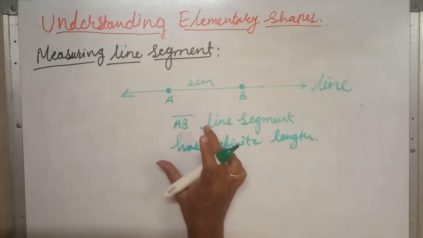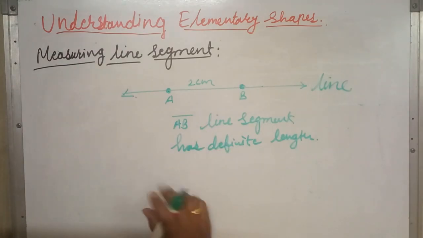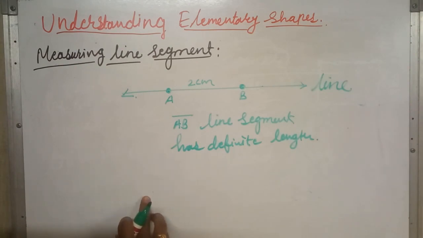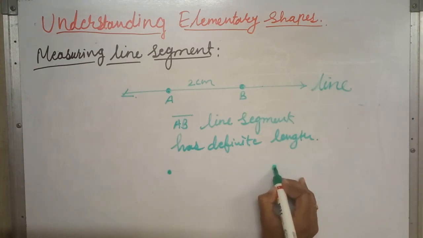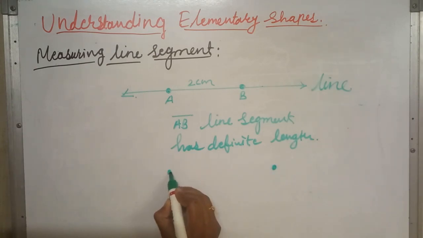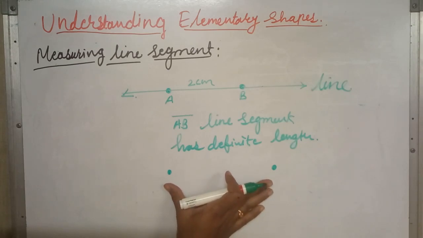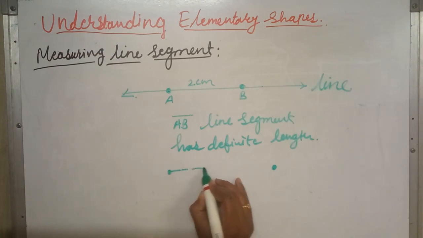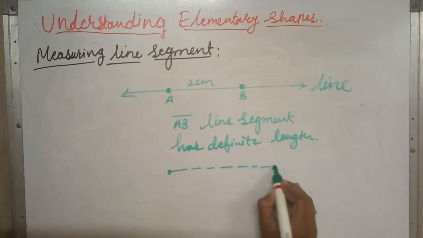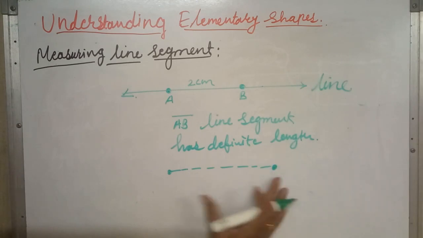Okay, so when we measure a line segment, we measure its length or distance from one end point to the other. Means if I want to measure this distance, I'll place a ruler over here and then I'll measure this and see where this point is on the scale.